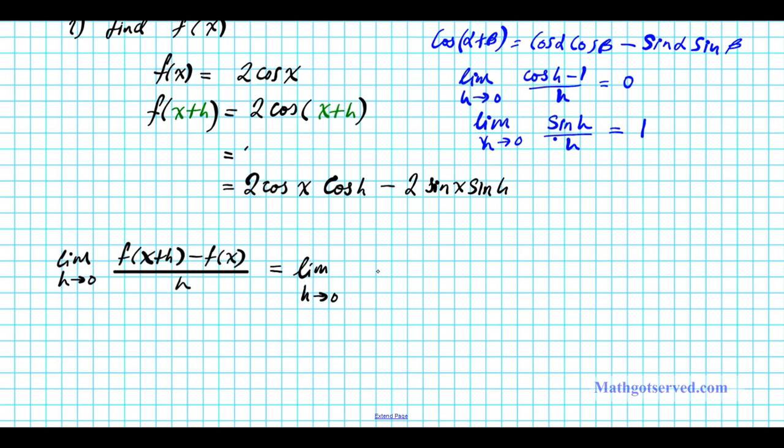The numerator is f of x plus h minus f of x. So we have 2 cosine x cosine h minus 2 sine x sine h, minus f of x, which is 2 cosine x. And then we're going to divide that by h.